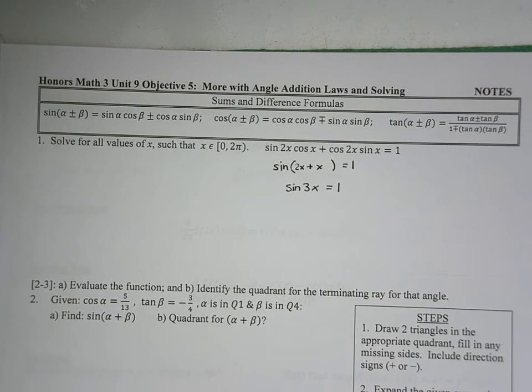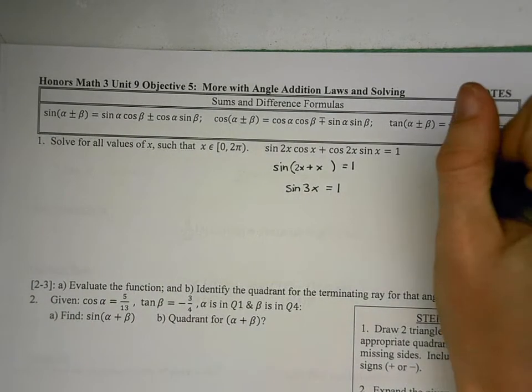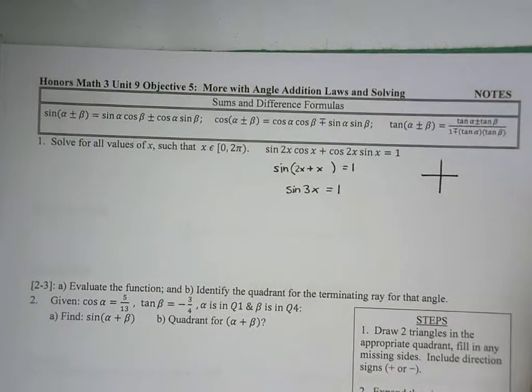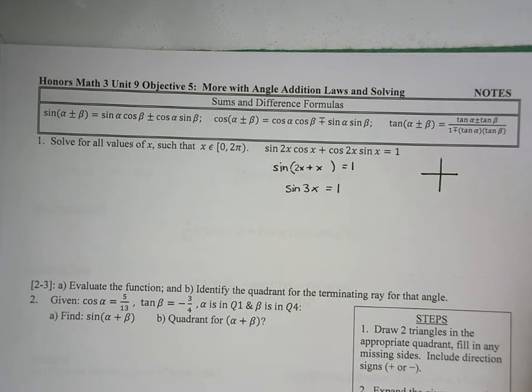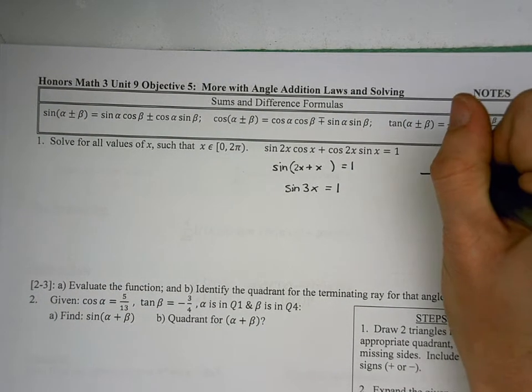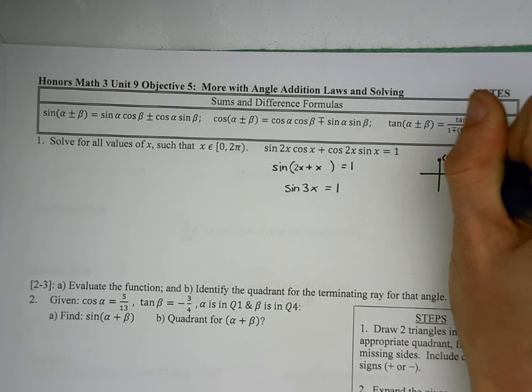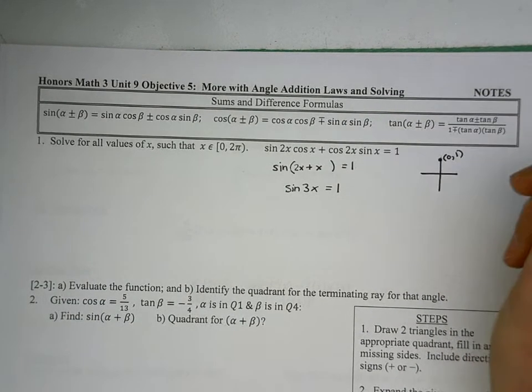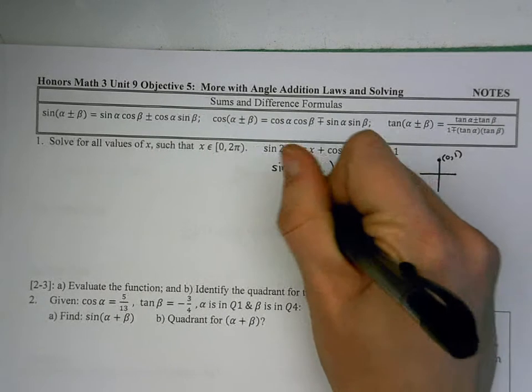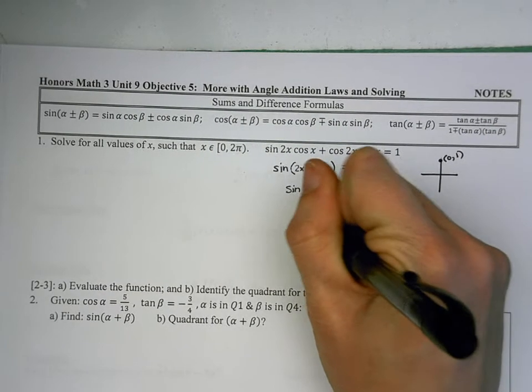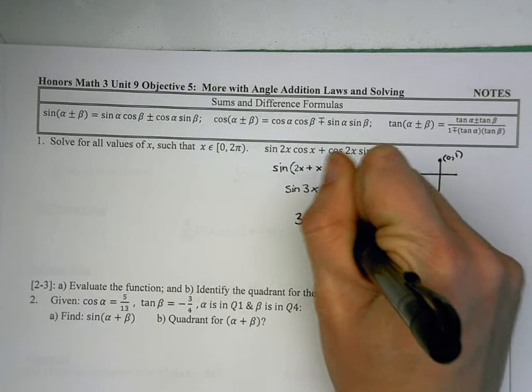You're thinking through your unit circle, what we reviewed back in Unit 8, and for sine to be 1, that would be a quadrantal of some sort. Which quadrantal would sine equal 1 on? Sine equals 1 at 0, 1, which is the angle pi over 2. So I'm thinking that my angle here, this 3x, has to equal pi over 2.